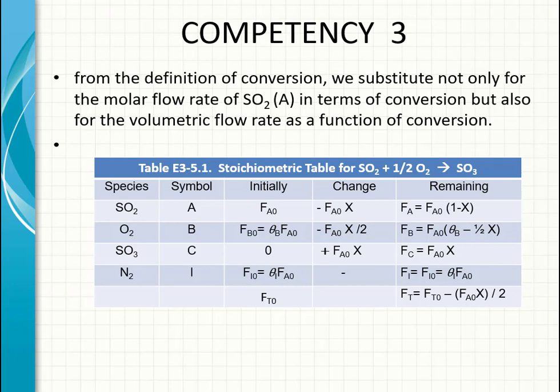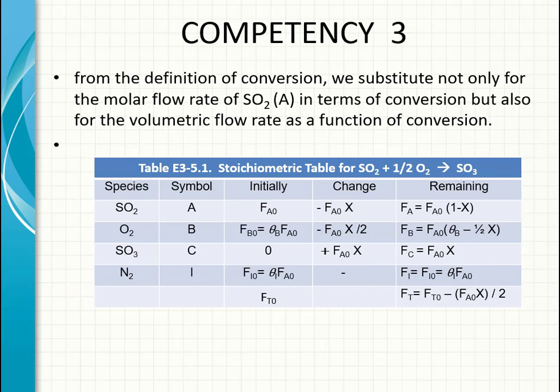And the remaining A is going to be FA0 times 1 minus X. For FB, initially we are going to have theta B times FA0, and then the change is going to be minus FA0 times X divided by 2, because according to the reaction we only need half a molecule of oxygen for a molecule of SO2.